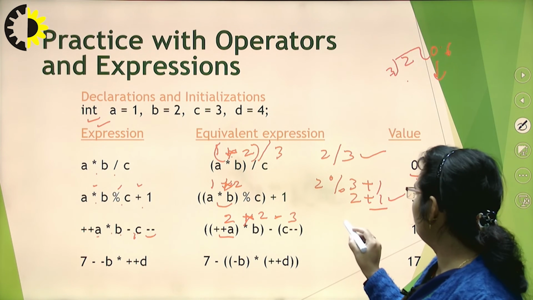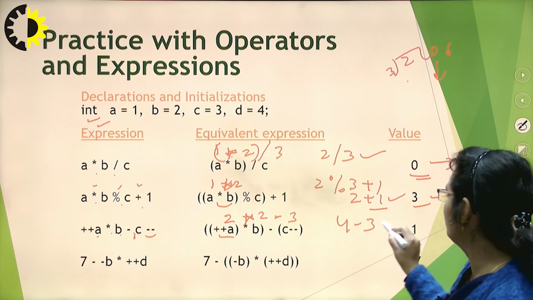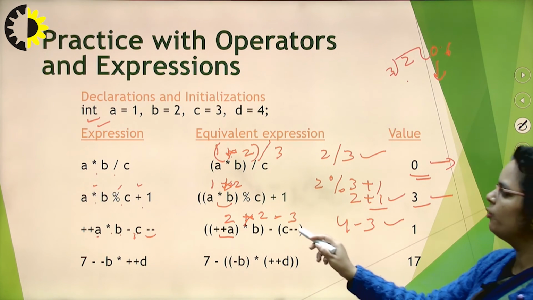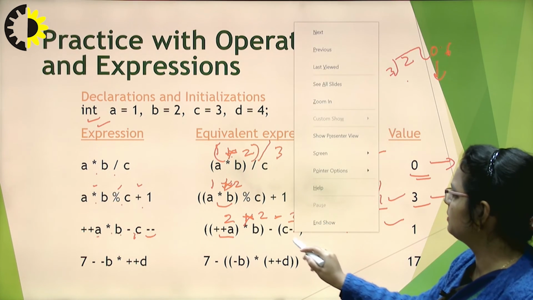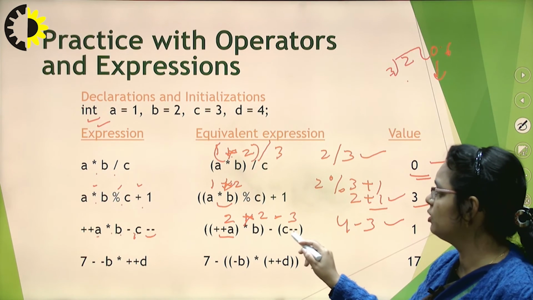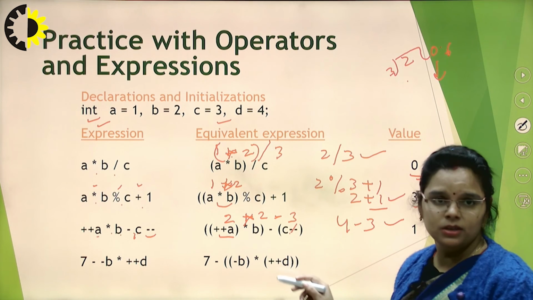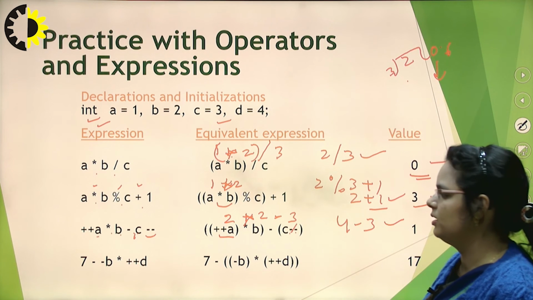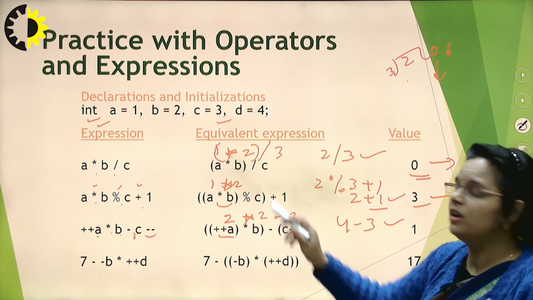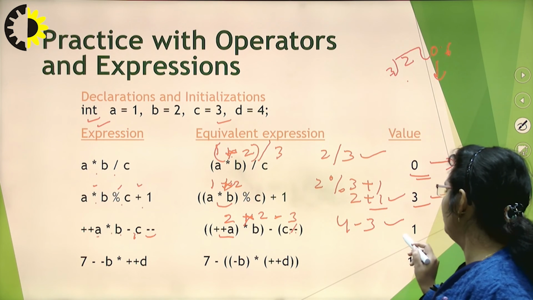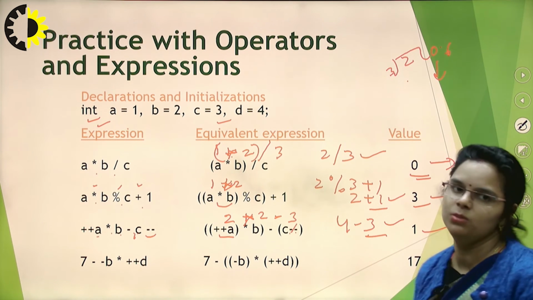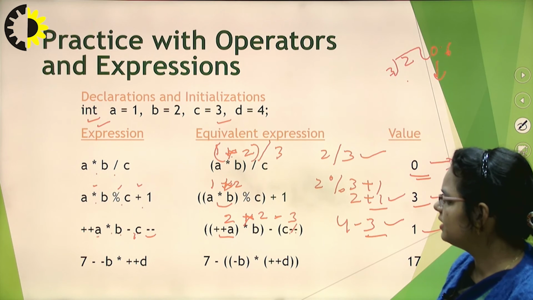So 2 into 2 is 4, 4 minus 3 becomes 1. Here we won't take c as 2, because first the value of c, which is currently 3, would be used and then it would be decremented. So we have used the value 3 and then decremented it, so the resultant would be 1.